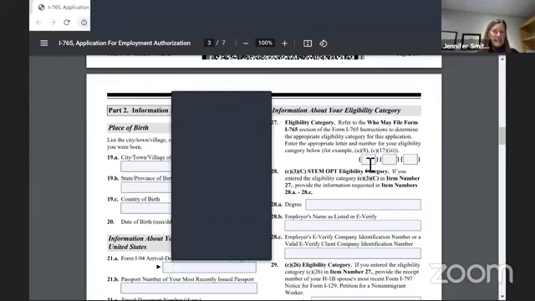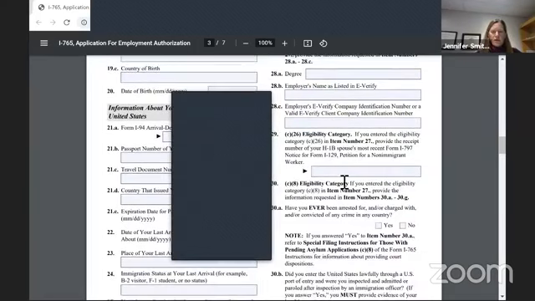So you would put a C in the first box, 33 in the second box, and nothing in the third box. So cuando aplica para DACA, la categoría de su elegibilidad para trabajar en los Estados Unidos es la categoría C33. So pone C en la primera casilla y 33, los dos números, en el segundo espacio, y en el tercer espacio no pone nada, nothing. Okay.